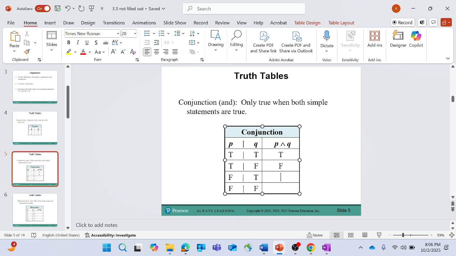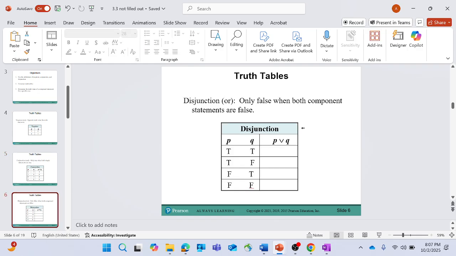If you have false and true, that's going to be false. False and false is false. Right? It's a conjunction. It's an and statement. So the whole statement is true only when they're both true. Okay? Any questions about that? No? Okay.